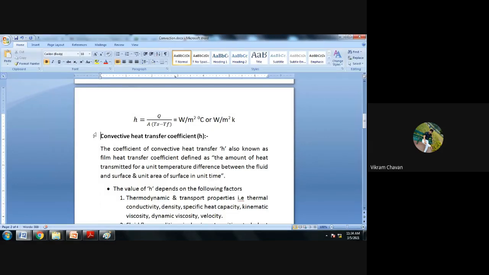Okay, unit area of a surface in unit time.